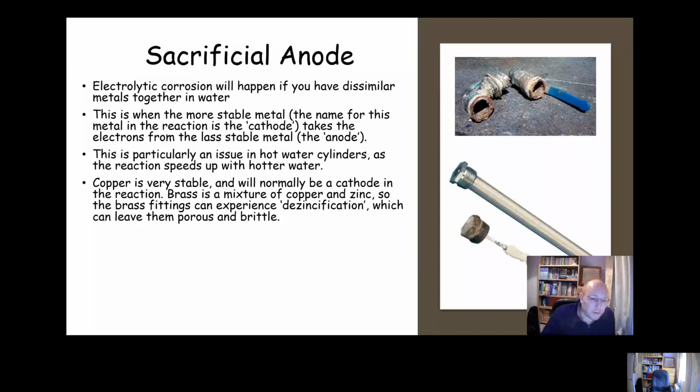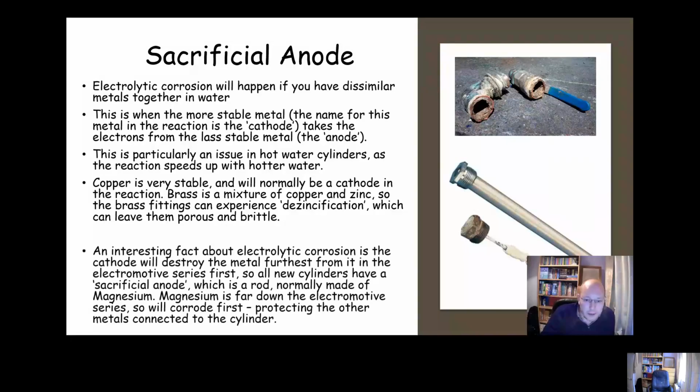Brass is a mixture of copper and zinc, and so what can happen is the zinc can be leached out of the brass fittings that are connected to a copper cylinder if the sacrificial anode isn't correctly installed.